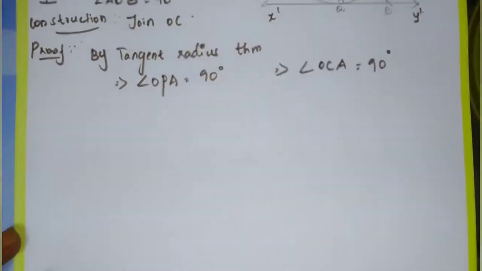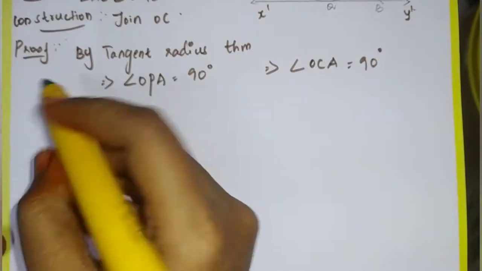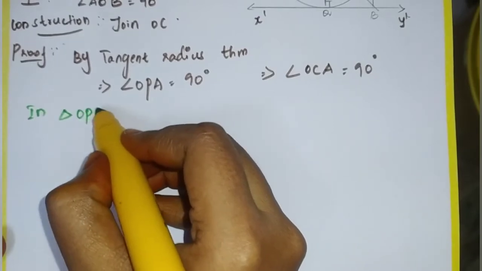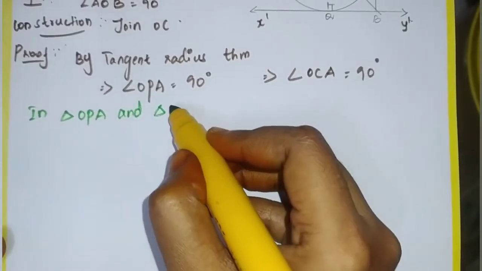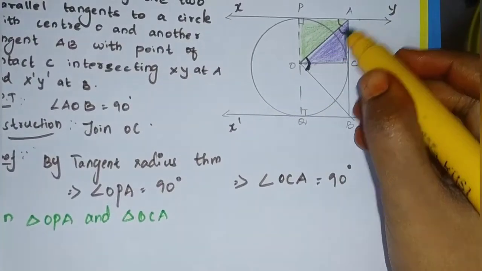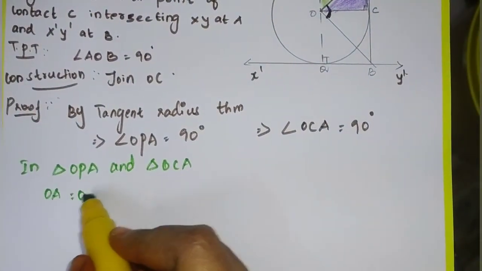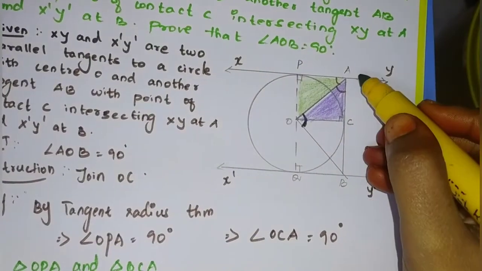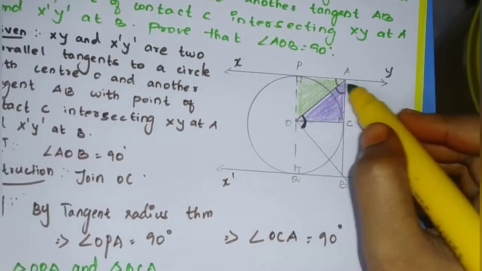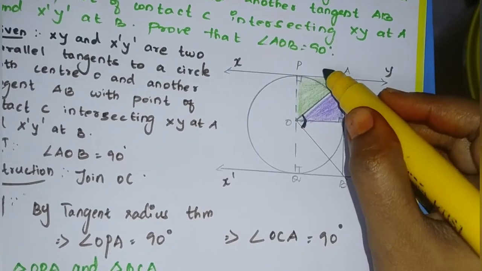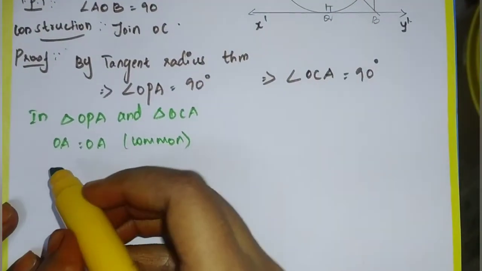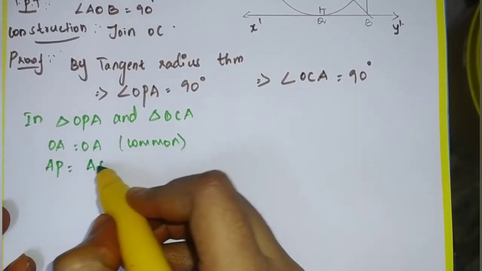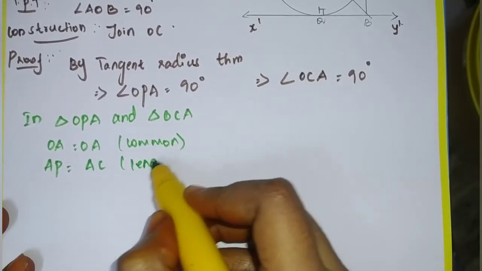In triangle OPA and triangle OCA, OA is equal to OA, that is common, and PA is equal to AC. How is it equal? Length of the tangent. A is the exterior point. Clear? AP is equal to AC, that is the length of tangent.